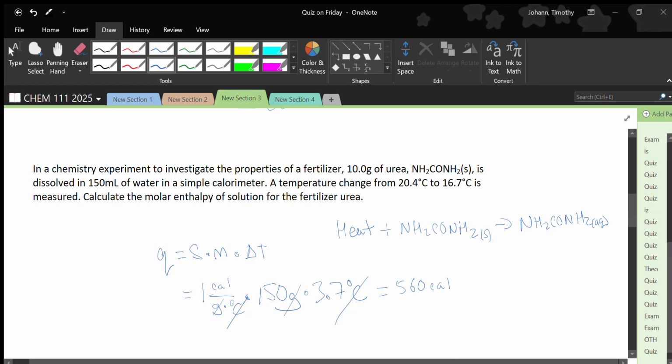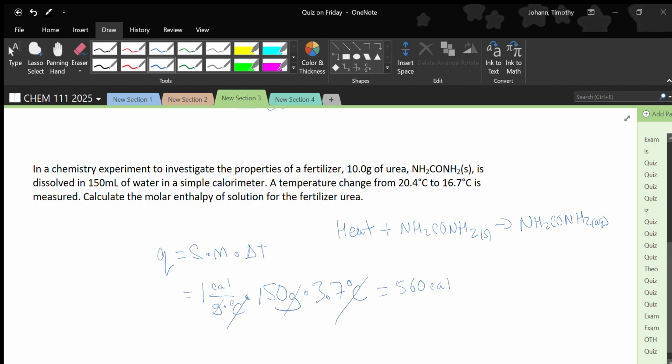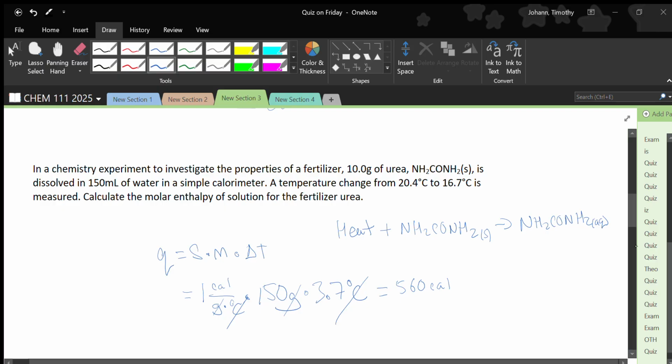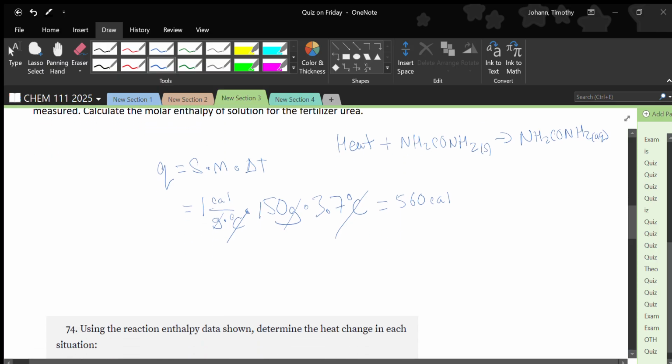So we have that much heat produced. Now we need to figure out how many moles of urea there were, right? So this is the heat produced. And then our question is, how many moles are in 10 grams of urea?